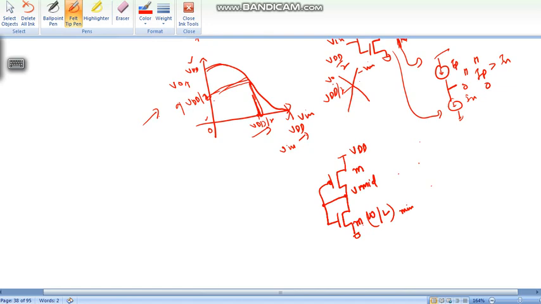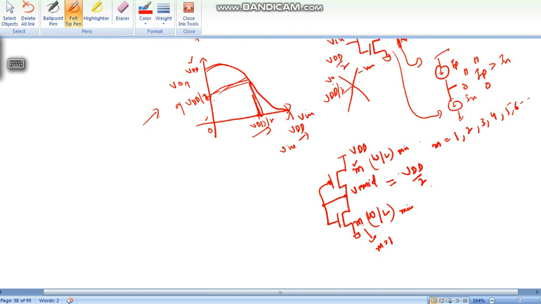For PMOS also W by L minimum, with multiplier M. For NMOS we take M equals 1, and for PMOS we keep on changing M to 1, 2, 3, 4, 5, 6 and so on, such that Vmid equals VDD by 2. In this way we can find the multiplier M, or size of PMOS, for switching threshold VDD by 2.